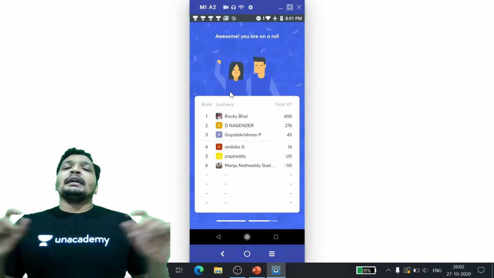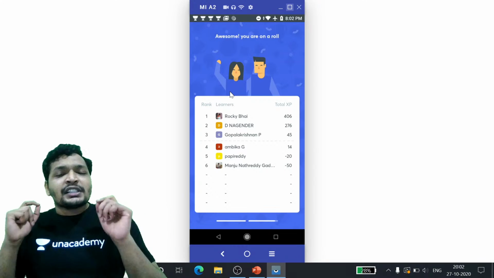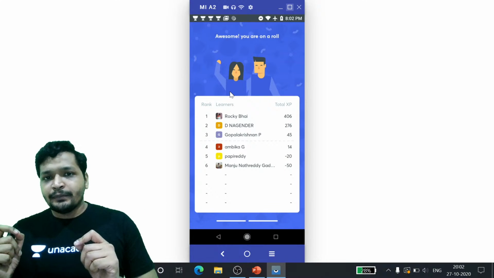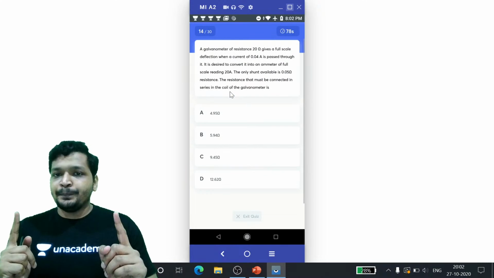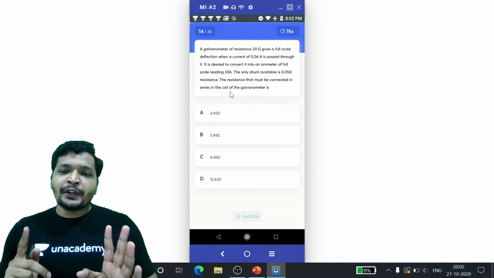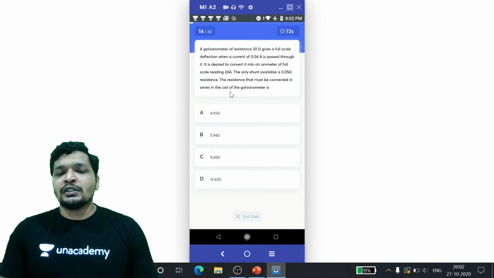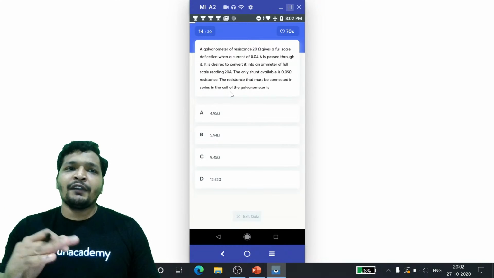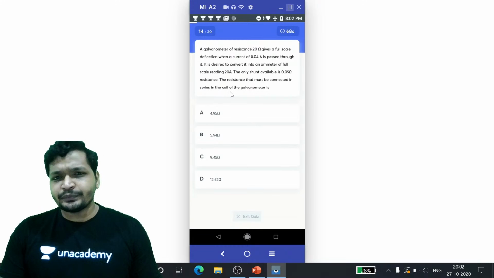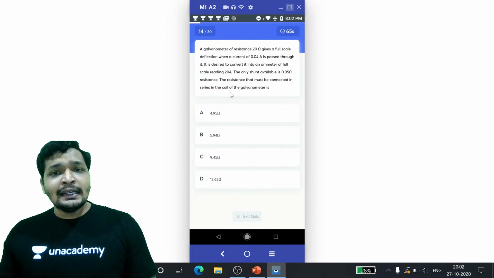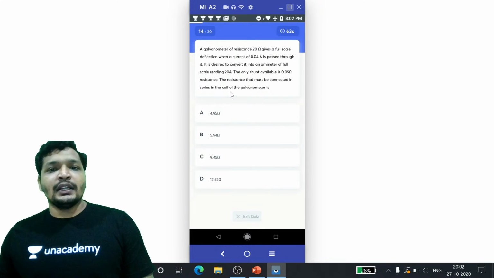What is happening in potentiometer? A uniform potential gradient is being maintained, right? It is of length L initially. What was the potential gradient? Let's assume the potential of your primary cell was something like 5 volts etc. Let's keep it as V naught by L. You added L by 2 length to it.